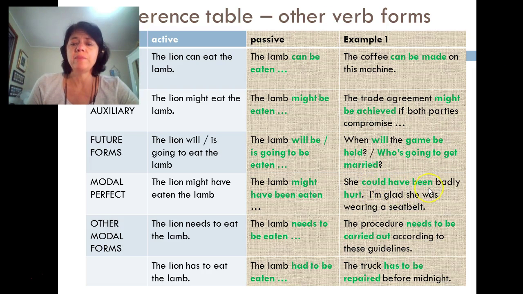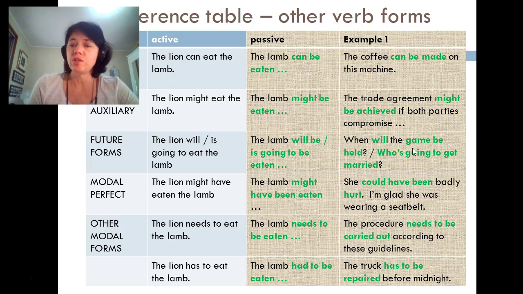She could have been badly hurt. I'm glad she was wearing a seatbelt. The procedure needs to be carried out according to these guidelines. And the truck has to be repaired before midnight.